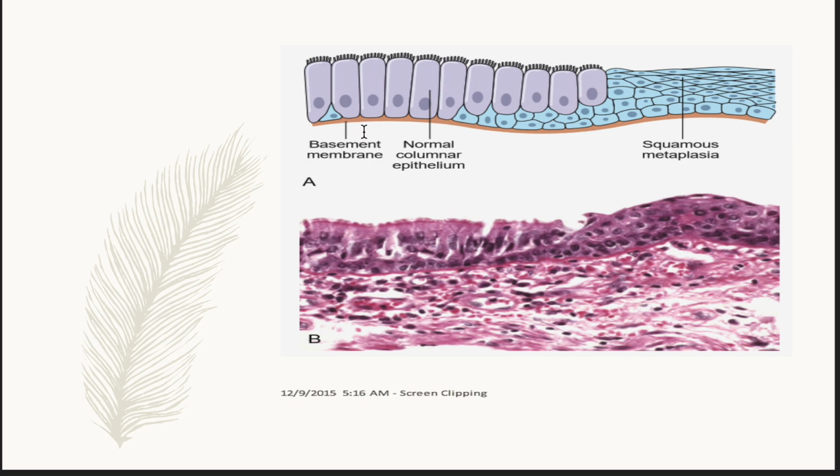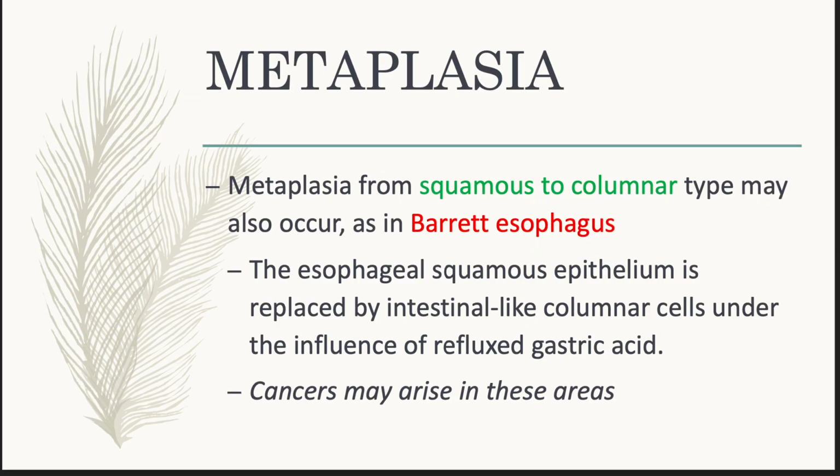Okay, ayan, so this one, dapat columnar epithelium siya, nagiging squamous metaplasia siya because of chronic irritation to the cigarette smoking. Okay, so metaplasia from squamous to columnar type may also occur as in Barrett esophagus.